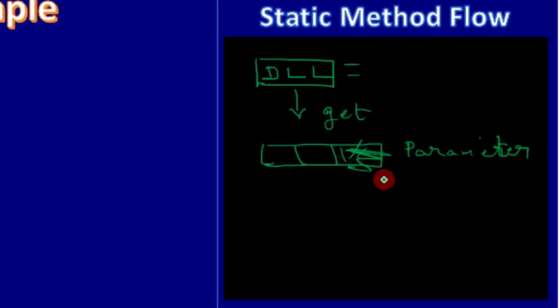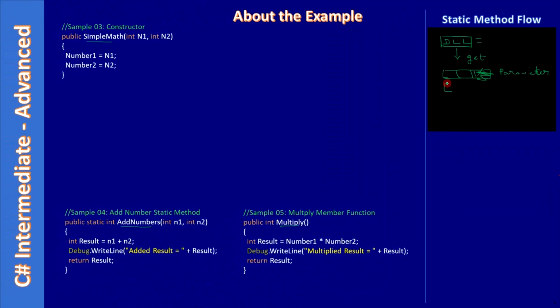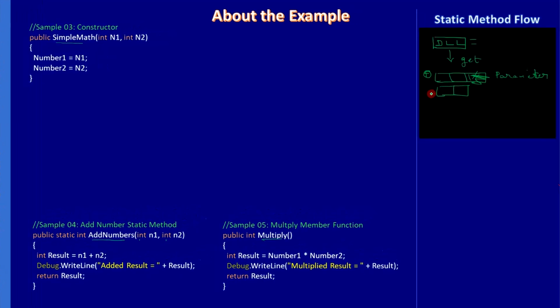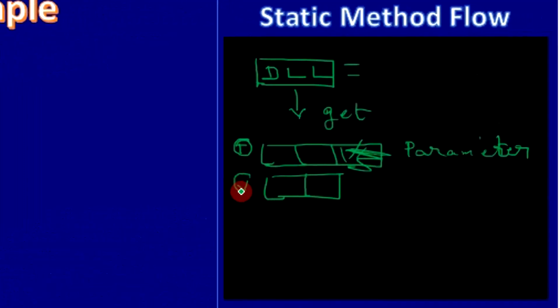One is for the parameter types and another one is for the values. So let's state this is a type array. Then we will be having a value array. The type array will tell the data type is integer. Then the value array will tell what is the actual value we are passing for n1 and n2. For example, 4, 7. Type is integer, right?